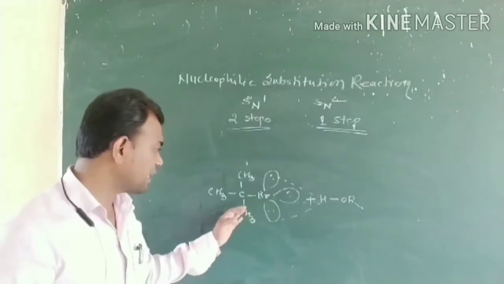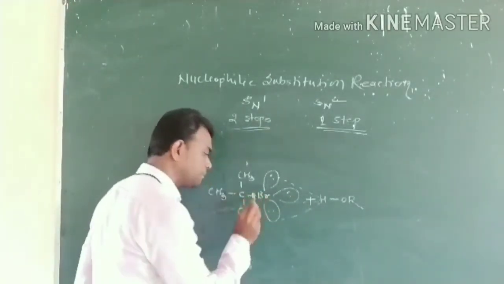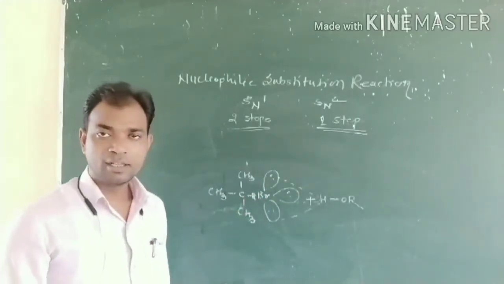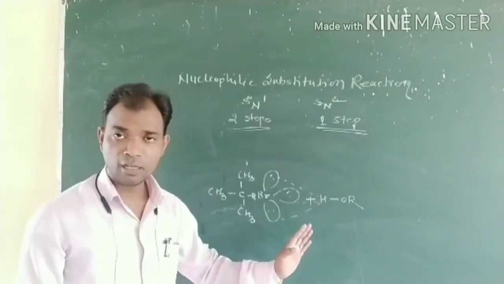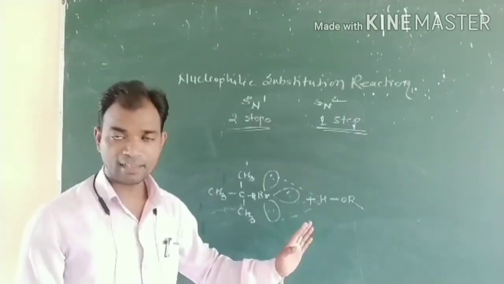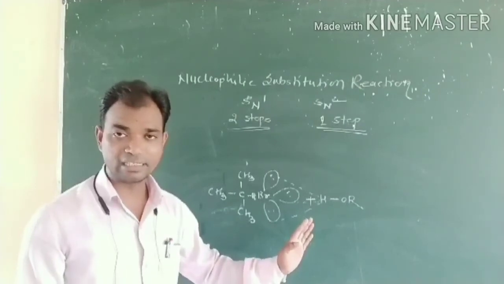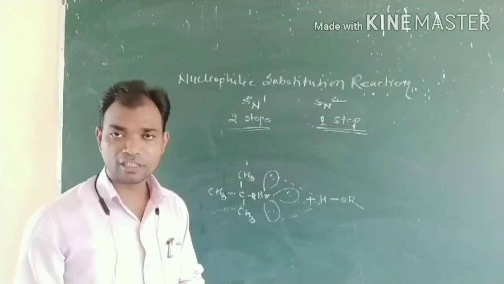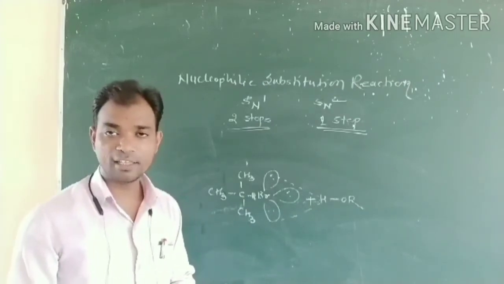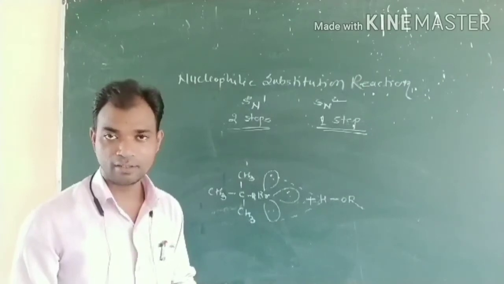At the same time, due to the polar nature of the C-Br bond, the bonding electron pair is shifted towards the bromine atom, and bromine is a halogen family member. So that's why it tries to pull the electrons towards itself to attain maximum stability by completing its octet.